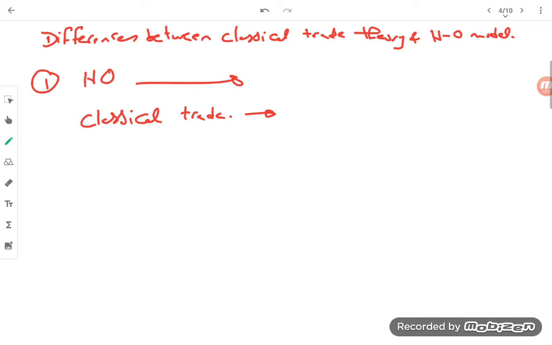This means that the specialization in the Heckscher-Ohlin model is incomplete specialization, and this is actually more realistic. While in the classical model, country A will produce, for example, soybeans and produce no textile at all. So this is complete specialization.